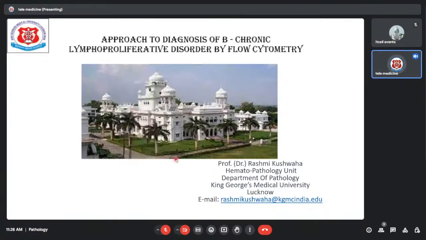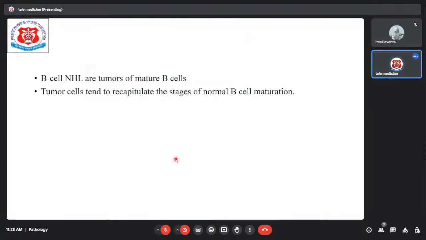Okay, so I will tell you in brief how to approach the chronic lymphoproliferative disorder, the B cell type. As we all know, B cell NHLs are mature B cell neoplasms. You have B lymphoblastic leukemia, which is immature, and then you have B lymphoproliferative disorders.